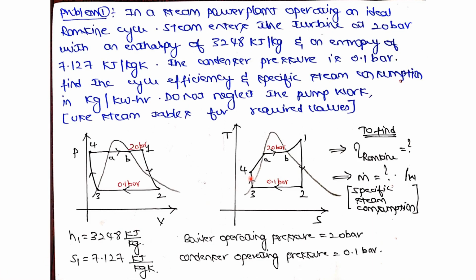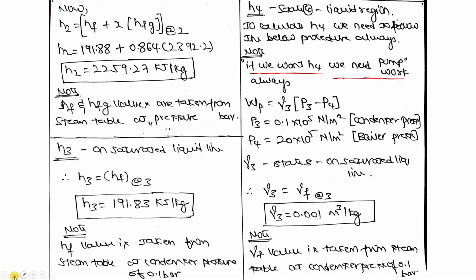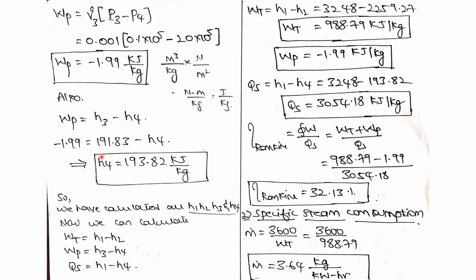The calculated value of H4 is 193.82 kilojoules per kg. Once you have calculated H1, H2, H3 and H4, you can calculate W2, WP and QS. WP is already calculated. QS can also be calculated like this. Just substitute W2, WP and QS, and you'll get the efficiency of the Rankine cycle.